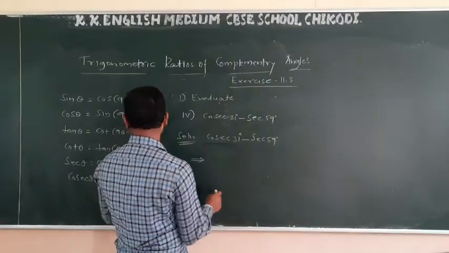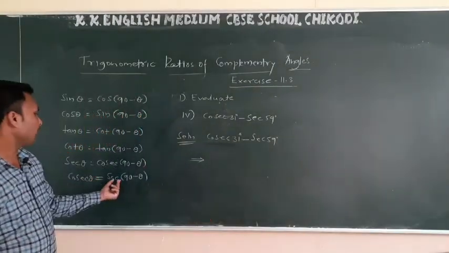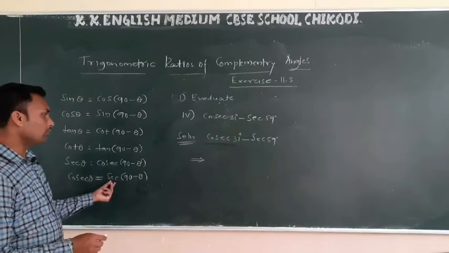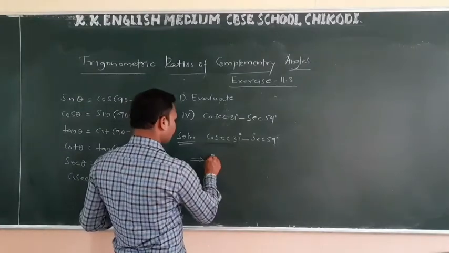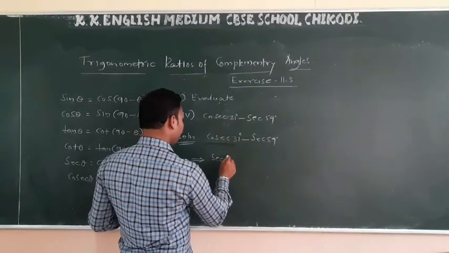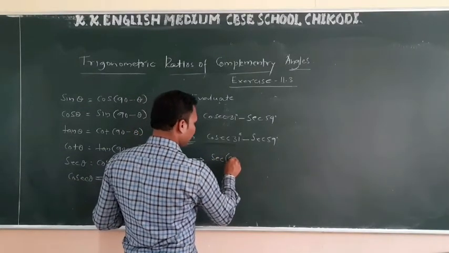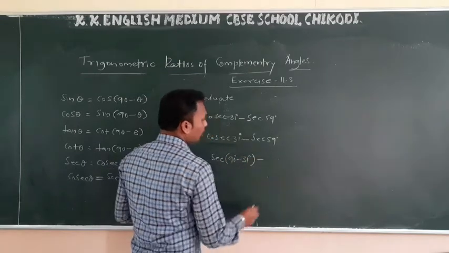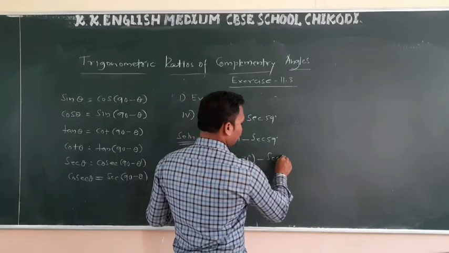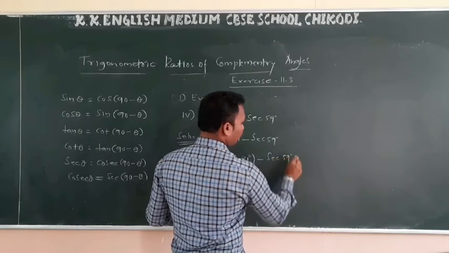Cosec of theta is equal to what? Sec of 90 minus theta. So cosec becomes sec of 90 degree minus 31 degree, minus again sec of 59 degree.